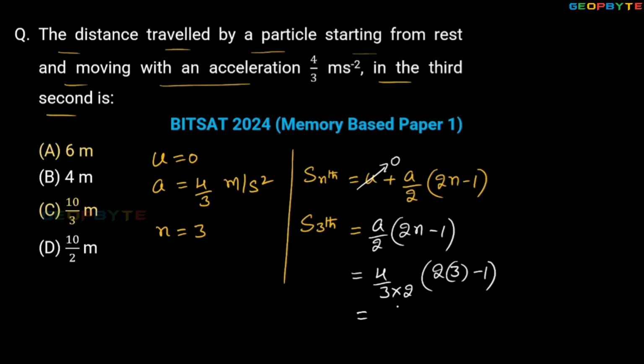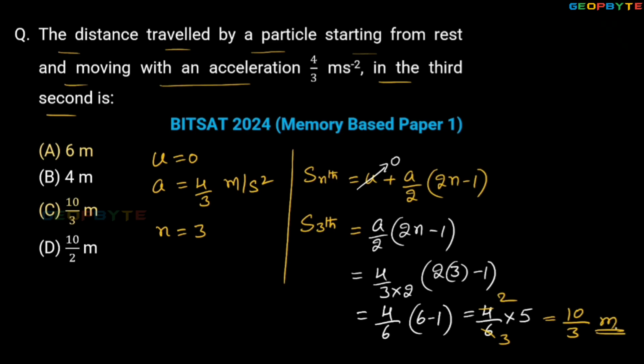It is 4 by 6 into 6 minus 1, equal to 4 by 6 into 5. It can be written as 2 by 3 into 5, that is 10 by 3 meters. That is the distance traveled by the body in the third second. Look at the option C. Option C is absolutely correct.